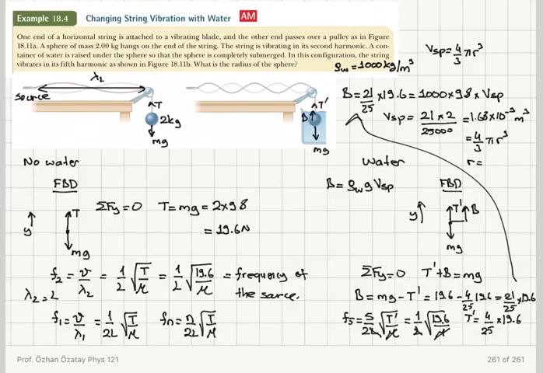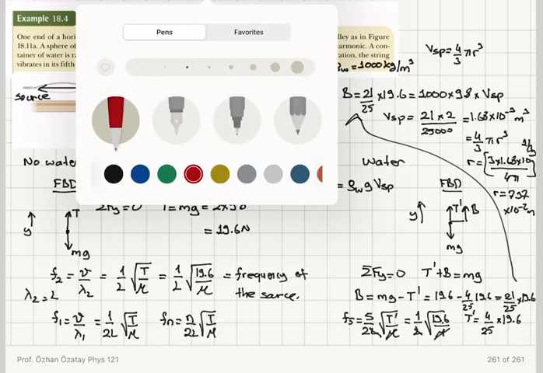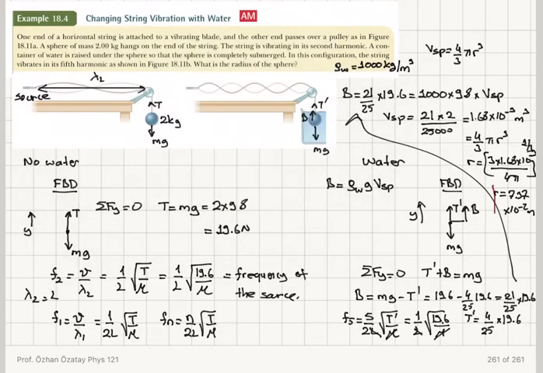So I can pull r from this equation. It will be 3 times 1.68 times 10 to the minus 3 divided by 4 pi, to the power 1 over 3, and I will find a radius of 7.37 times 10 to the minus 2 meters.